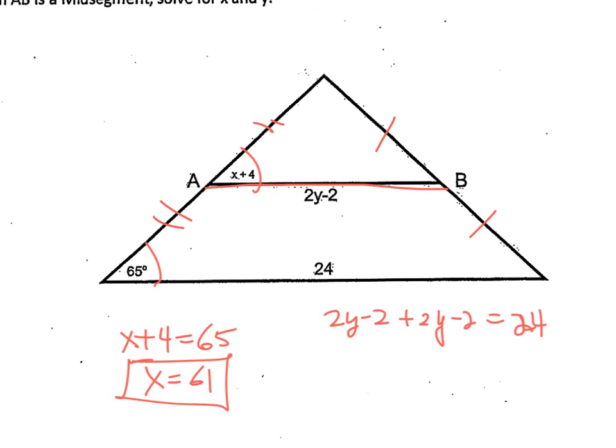And the mid-segment then has to be exactly half the parallel base. So if the parallel base is 24, that's why 2 of the mid-segments is equal to 24. Combining like terms, I have 4y minus 4 is 24. Adding 4, 4y is 28. Dividing by 4, we'll have y is equal to 7.